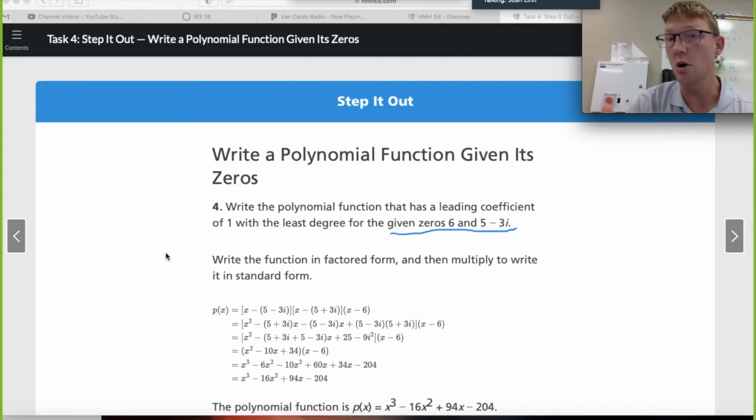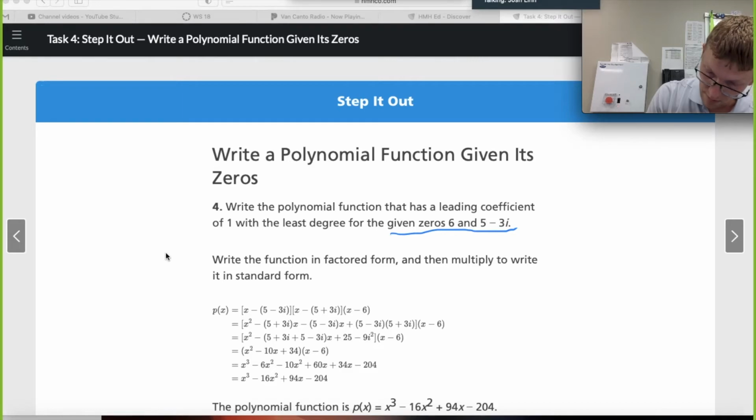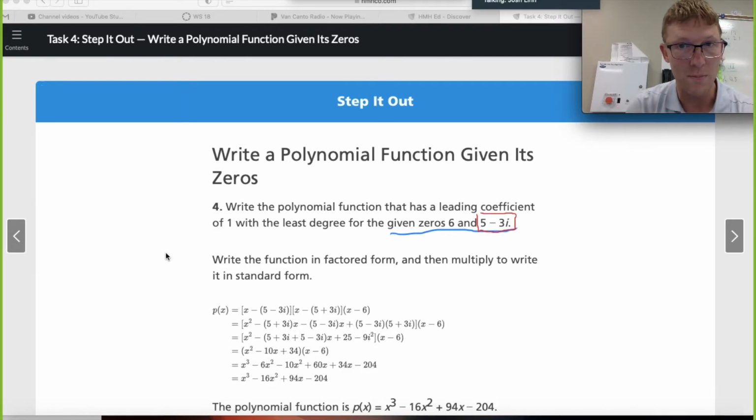So note, or remember, a single complex number is this whole thing. An imaginary number is just your negative 3i. But a full complex number is this whole thing.